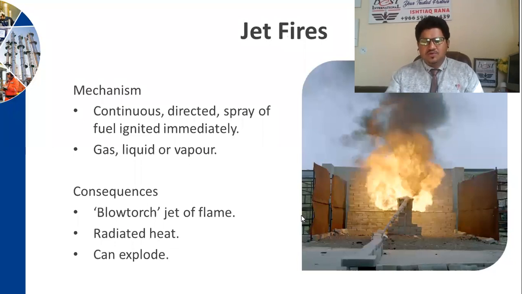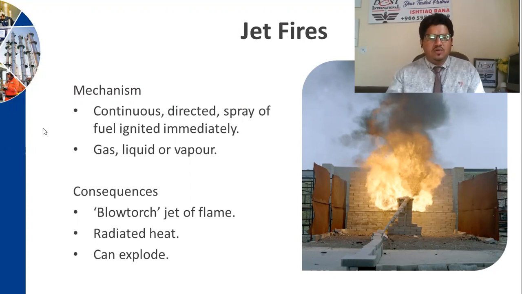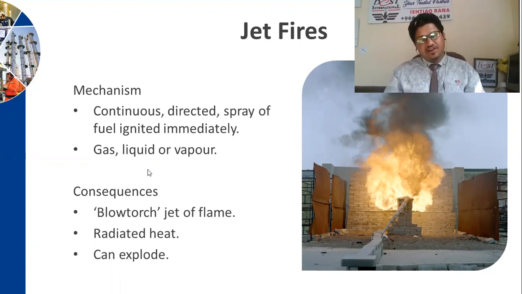Now, let's discuss the types of jet fires. The jet fire mechanism is a continuous directed spray of fuel ignited immediately, whether gas, liquid, or vapors. The consequences are a blowtorch, a jet of flame, and radiated heat that can explode. So remember, if they ask any question related to jet fires, you need to remember the mechanism and the consequences.